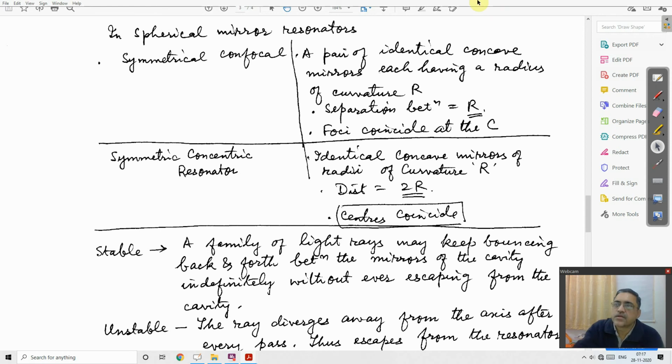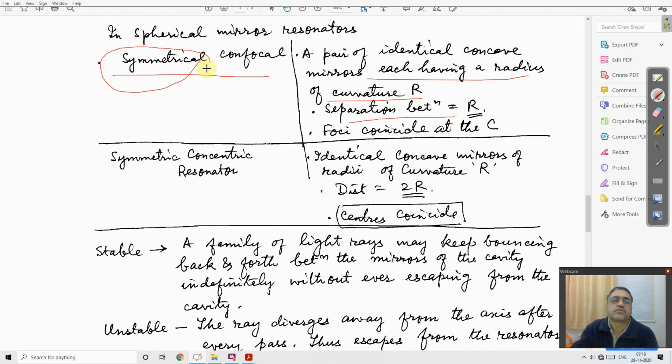In the symmetrical confocal case, we have a pair of identical concave mirrors, each having a radius of curvature R, and the separation between the curved mirrors is also R. Therefore, the foci are centered at the center of curvature. These are called the symmetrical confocal.